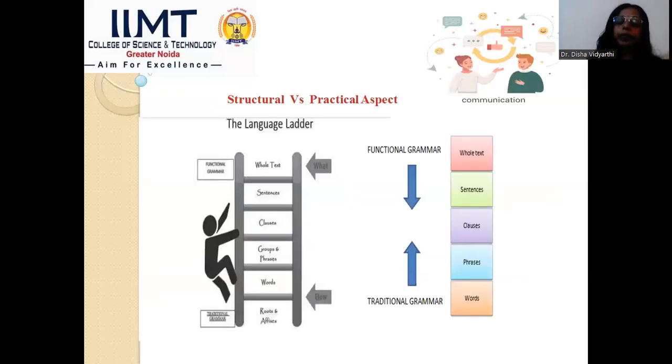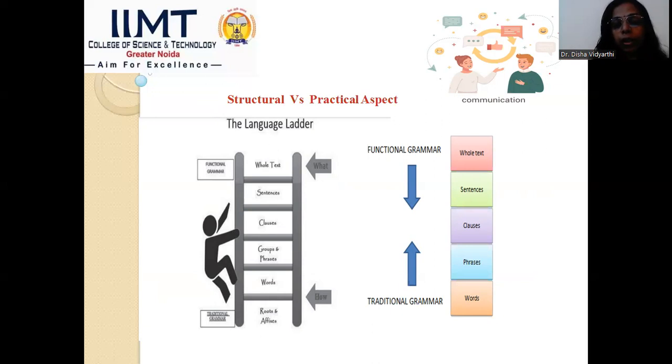Now see, after understanding those key differences between functional grammar and traditional grammar, there is one aspect attached to both of these grammar structures. One is structural and the other one is practical. So structural value is associated with traditional grammar, and practical value is associated with functional grammar.